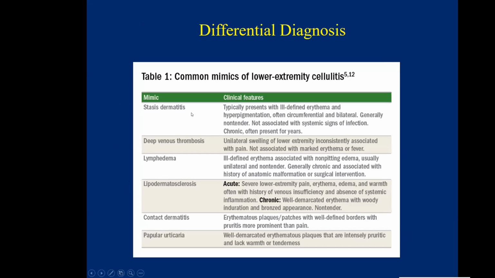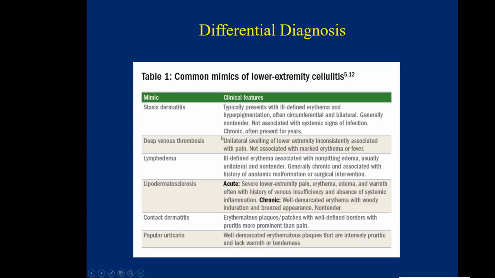Stasis dermatitis, just because it's the most common one. If you get an admission for bilateral cellulitis, most likely it's just stasis dermatitis. Most of the bilateral cellulitis that we see, this is the most common diagnosis.